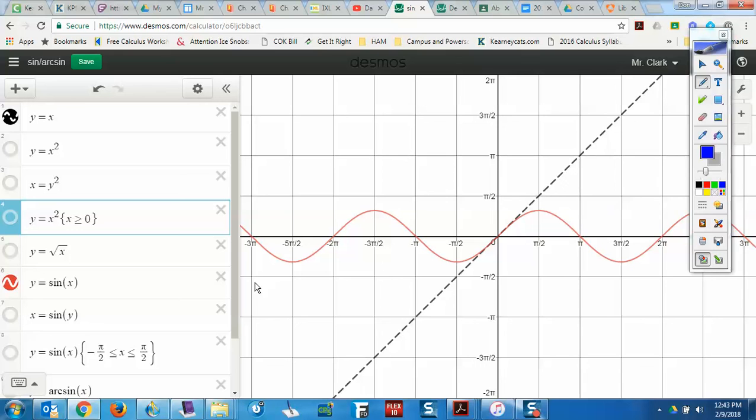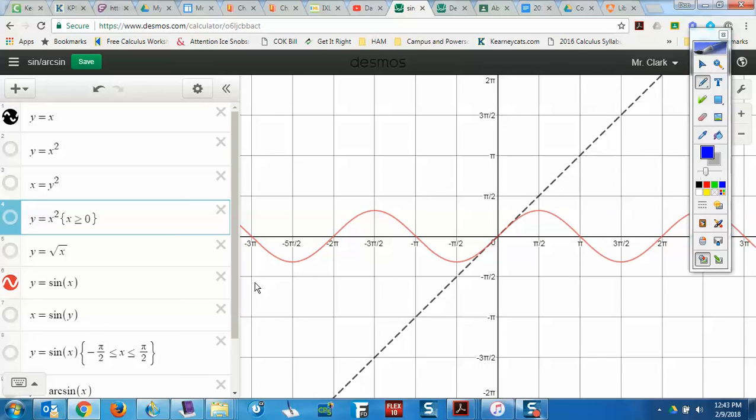Now there'd be multiple pieces you could pick. So where? Here to there? Wouldn't that be a piece that would work? That gives me all the values from -1 to 1, and it doesn't give me any repeat values, because once I go past there, now I could take this piece, right? So we're going to take the piece from negative pi halves to pi halves.